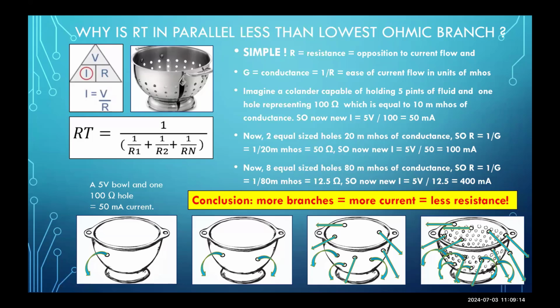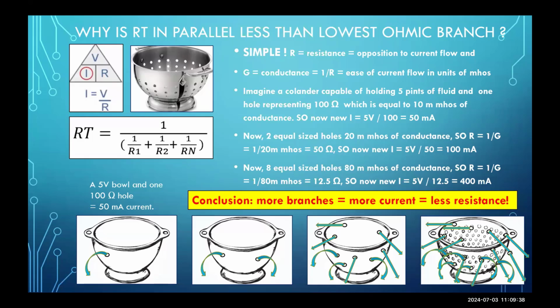Then imagine a colander capable of holding 5 pints of fluid and 1 hole representing 100 ohms of resistance. So if that 5 pints of fluid represented 5 volts and the 1 hole represents 100 ohms, do the math according to Ohm's law, 5 divided by 100, you will get 50 milliamps of current.